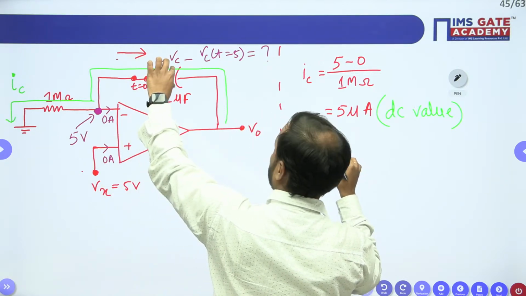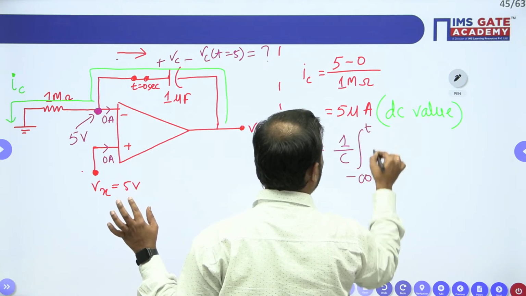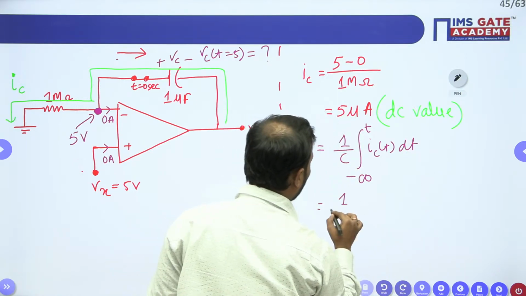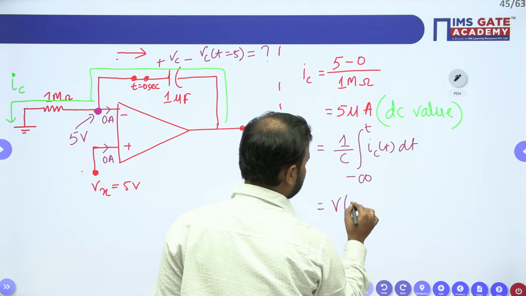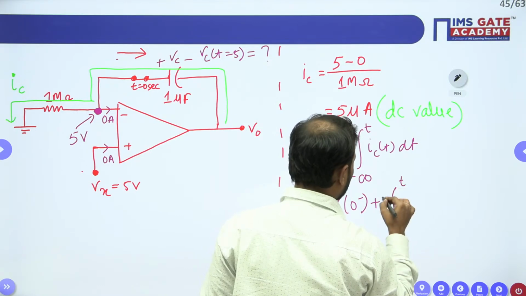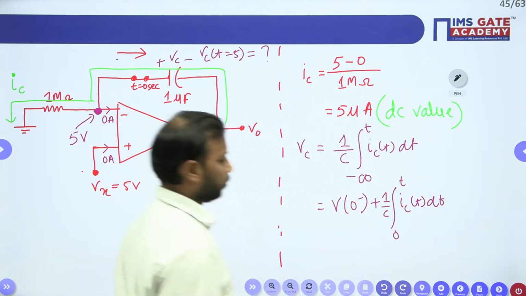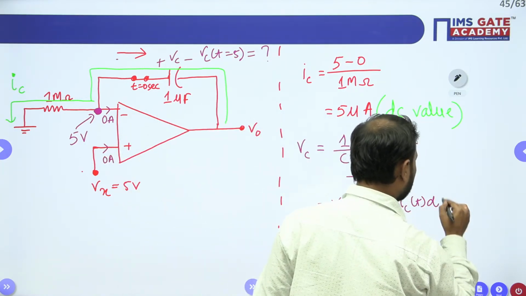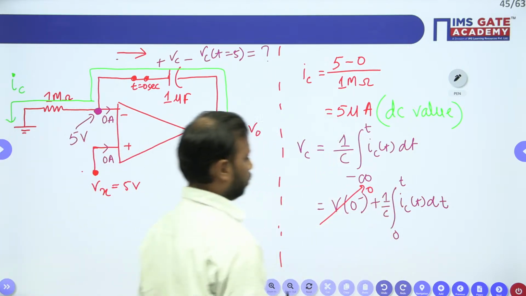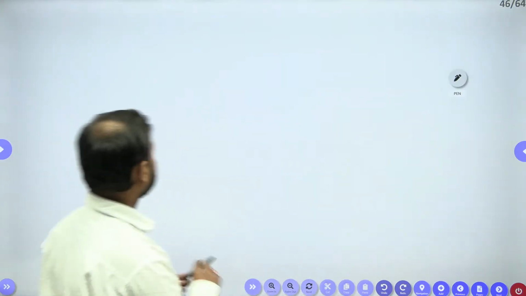will be equal to what? For this capacitor voltage, this is 1 upon C, integration minus infinity to t, IC of t dt. So V0 minus the initial voltage of the capacitor, 0 to t, 1 upon C, IC of t dt. The initial voltage is 0.